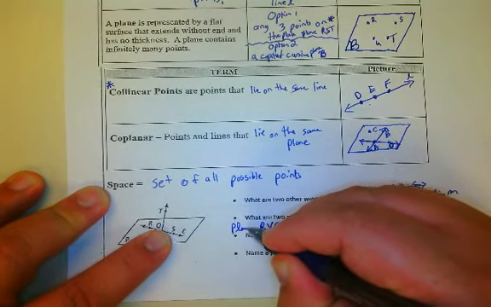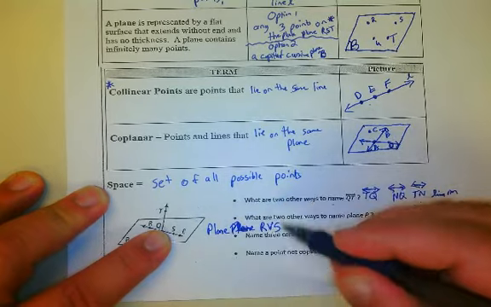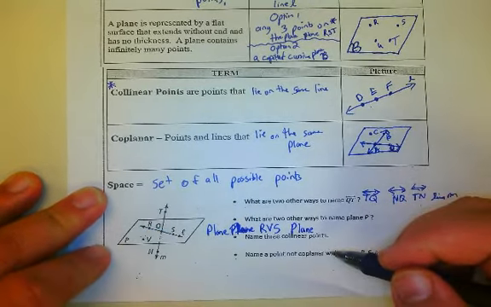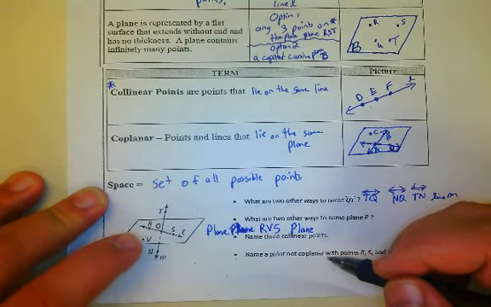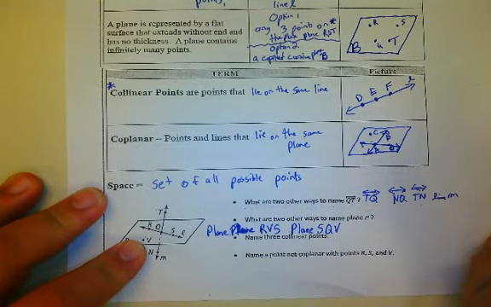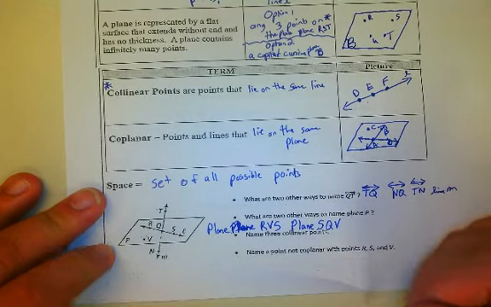We can say plane, sorry, I wrote in cursive. P-L-A-N-E, R-V-S. And P-L-A-N-E. How about S-Q-V? That works too.